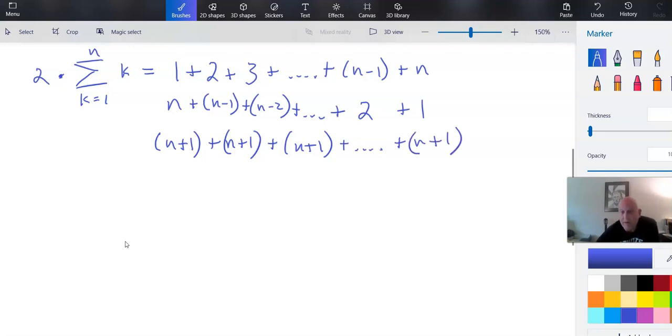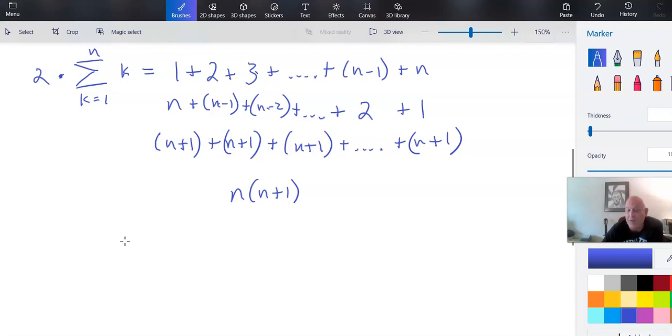They all end up being n plus 1s. Right? And how many are there? There's actually n of them, right? Because I can count them. 1, 2, 3, right? All the way up to n. So there's n of these things. So this whole term just turned into n times n plus 1. Now, we multiplied that by 2.